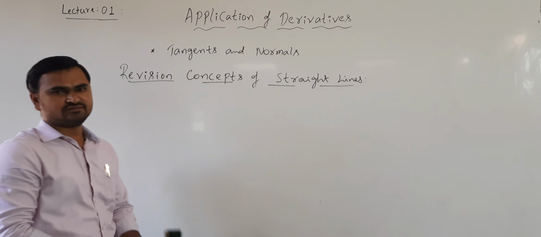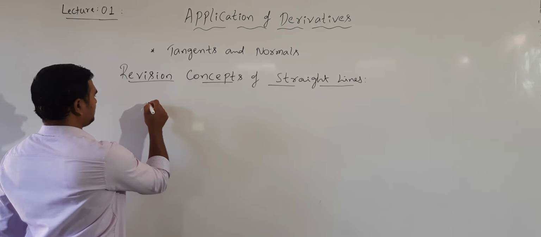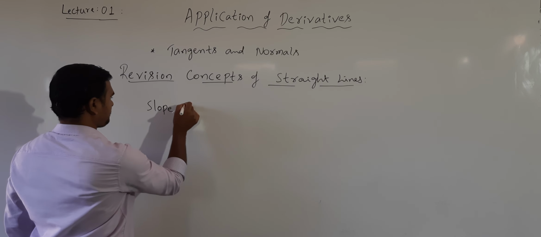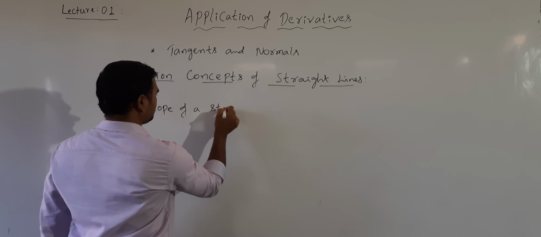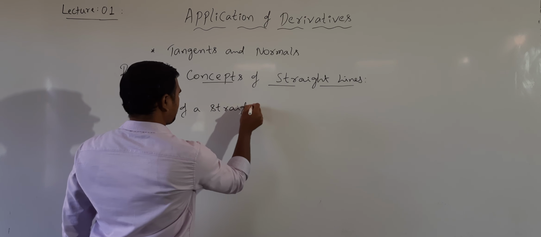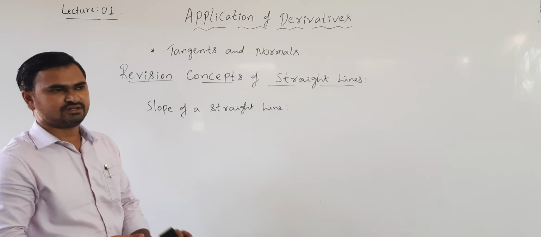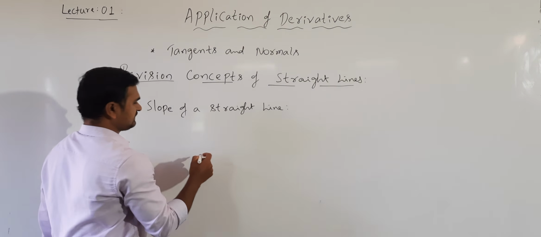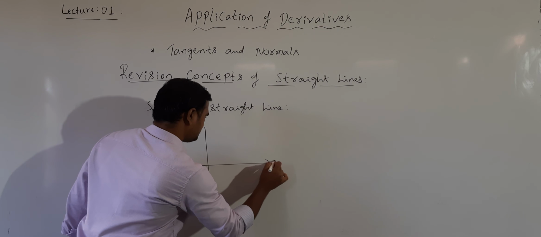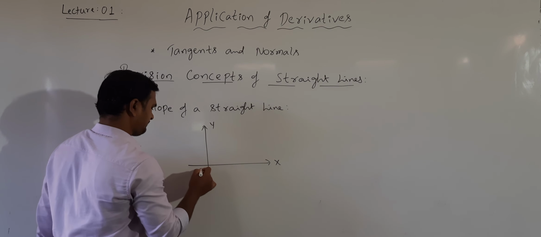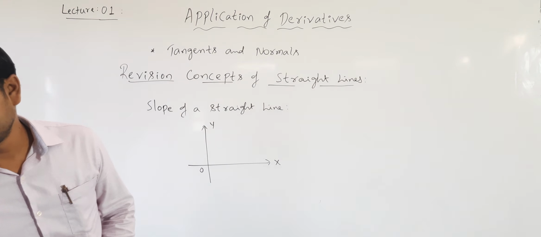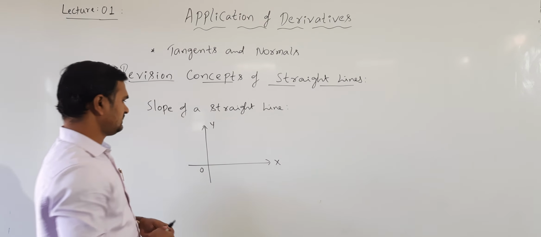So in straight lines we studied the slope of a straight line. How do we find the slope of a straight line? Suppose there is a line like this.